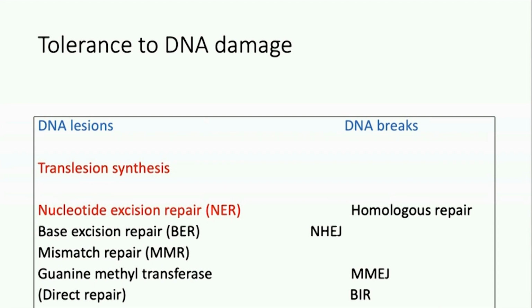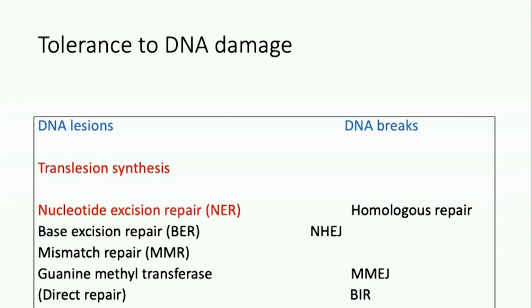So there are actually two different categories of DNA damage, and one of them is point lesions, when one nucleotide is affected, and another one is when DNA breaks. And there are a ton of repair systems, and with each of these repair systems there are many sub-pathways.